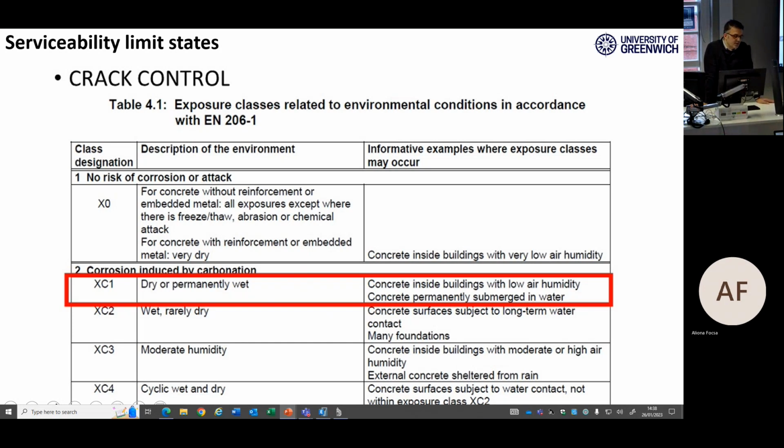The other exposure classes are for other buildings or structures which are prone to water or very humid regions, like beside the sea, for example, right? But usually for regular cases, we are in exposure class number 1.